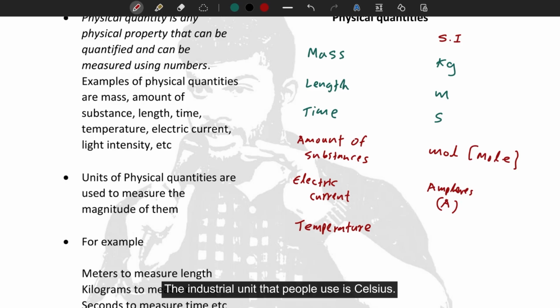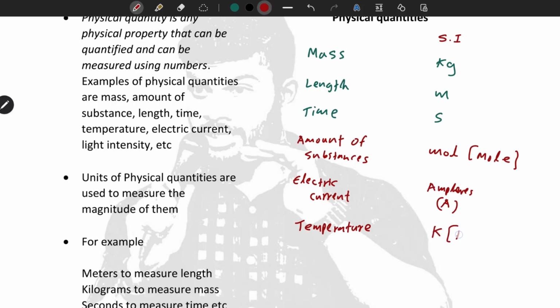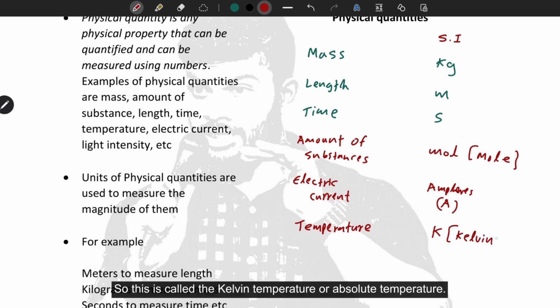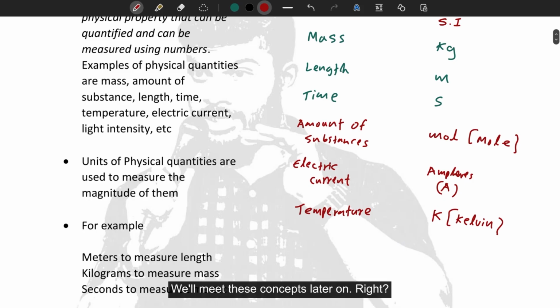Globally, the industrial unit that people use is Celsius, but in terms of science, we use kelvins to measure temperature. So this is called the Kelvin temperature or absolute temperature. We'll come across absolute temperature later on. Till then, wait patiently and learn these concepts really well.